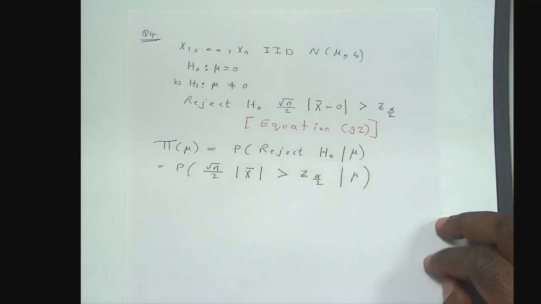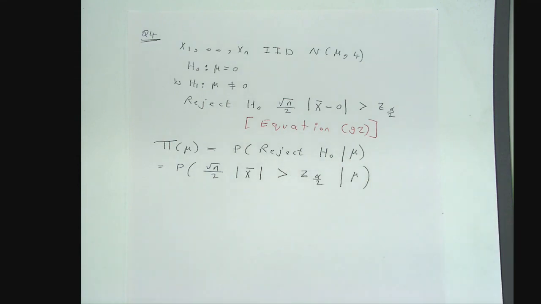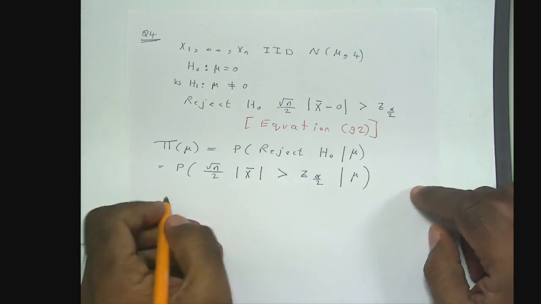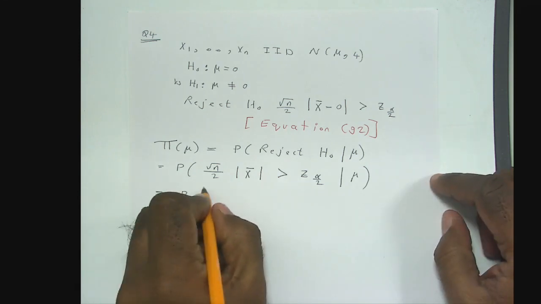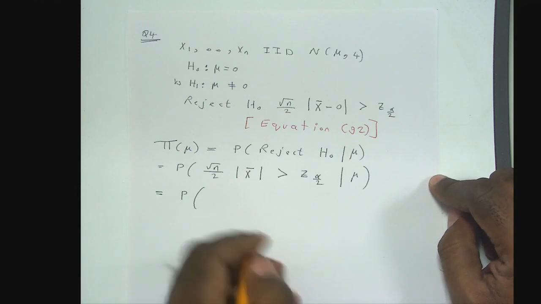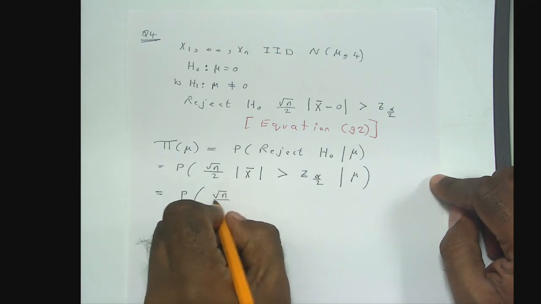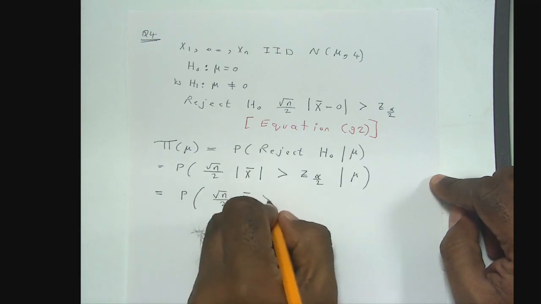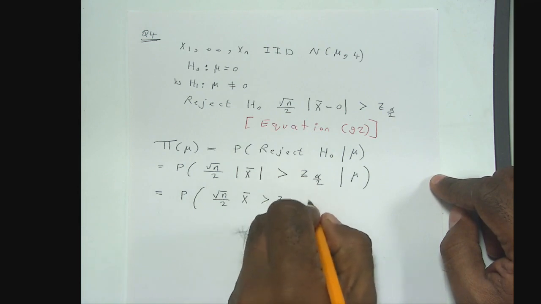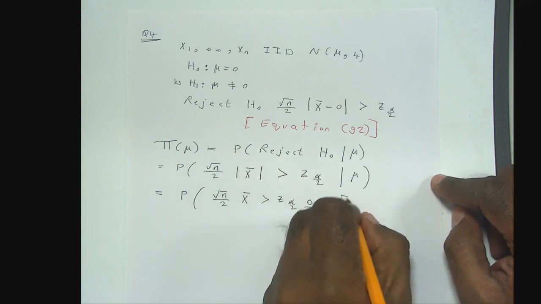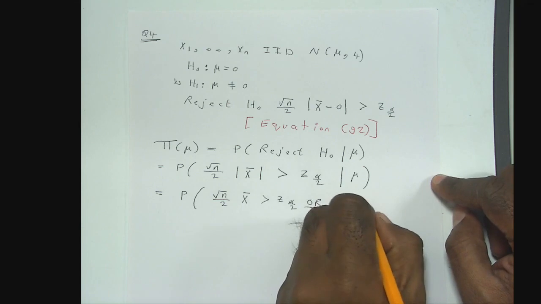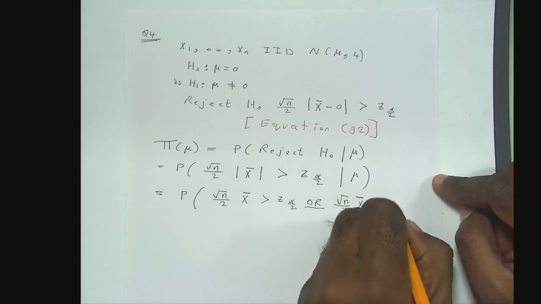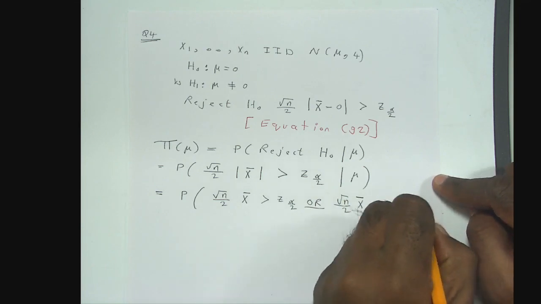All right. Remember what I told you yesterday in the lectures. Whenever you have an absolute sign, the first thing you must do is to get rid of it. So, how do you get rid of the absolute sign like this? All right.